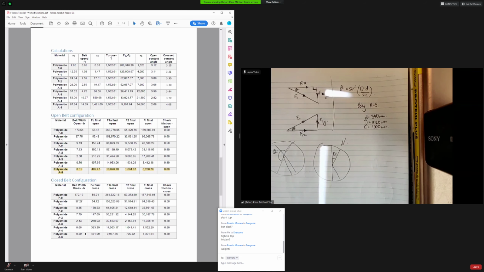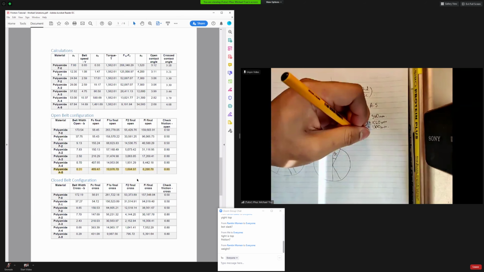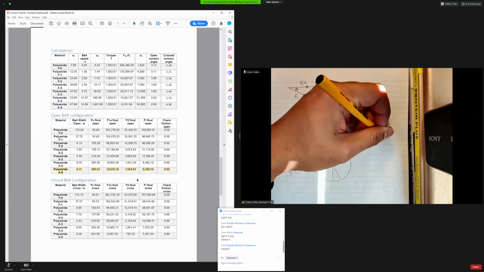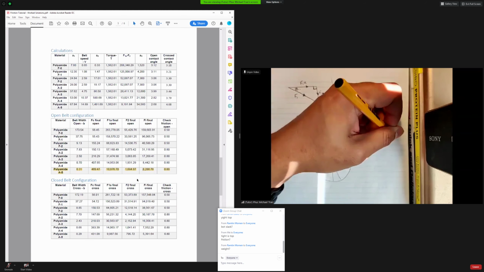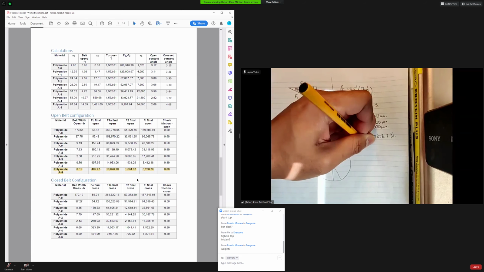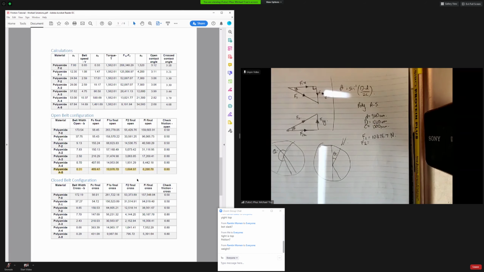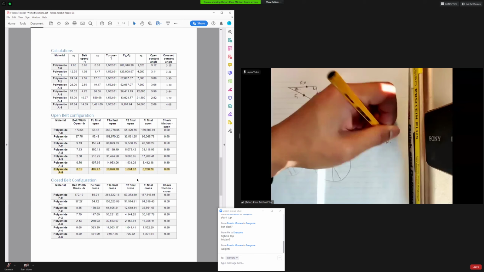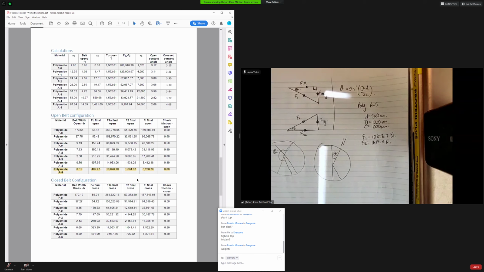And while we're here, we might as well grab F1 and F2. F1 is 10876.7 newtons, and F2 is 1684. Oh, and the width as well.